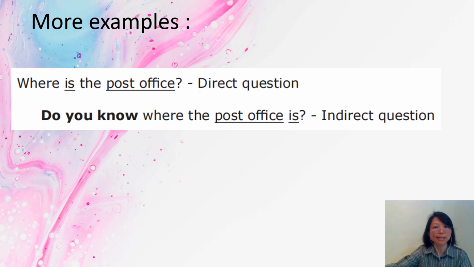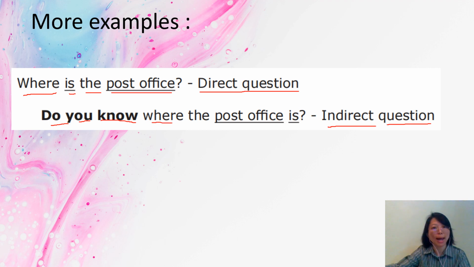Let's look at this direct question. Here it asks where. Where is the post office? So when you change it into indirect question, you can use do you know.